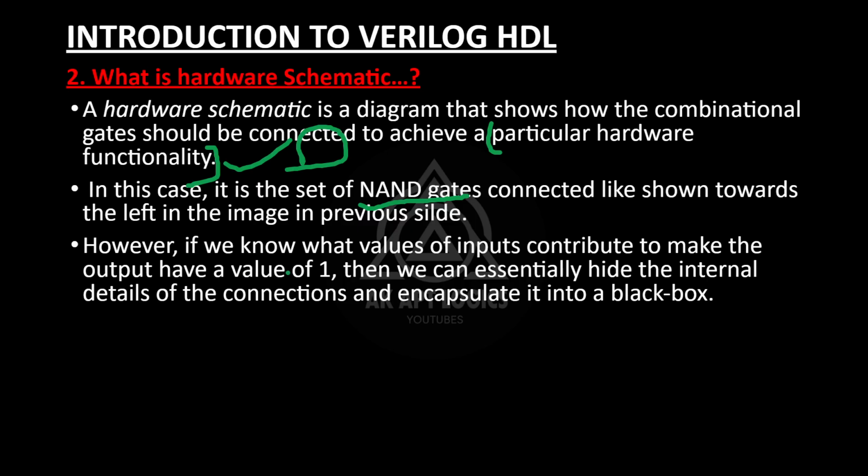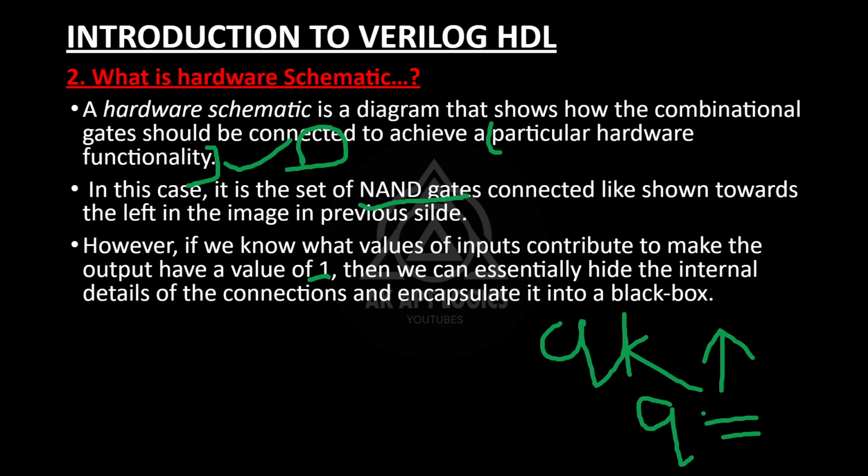So we know that whenever the clock is high and reset is high, because the reset we are using here is an active low reset, the output Q follows the input D. So in essence, the output Q will be D. Then we can essentially hide the internal details of the connections and the logic inside a black box.